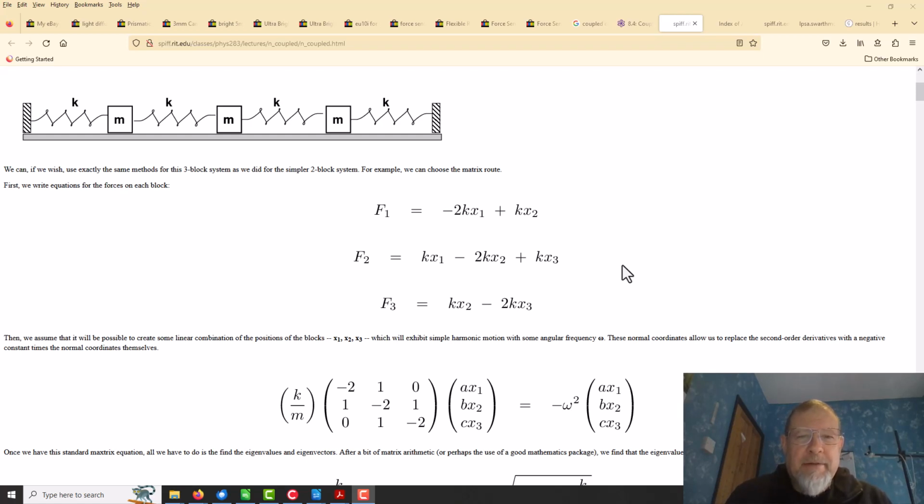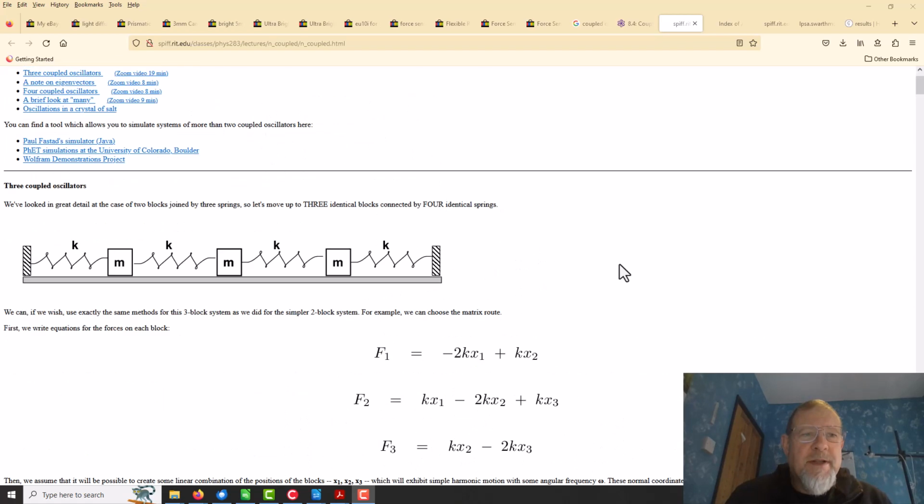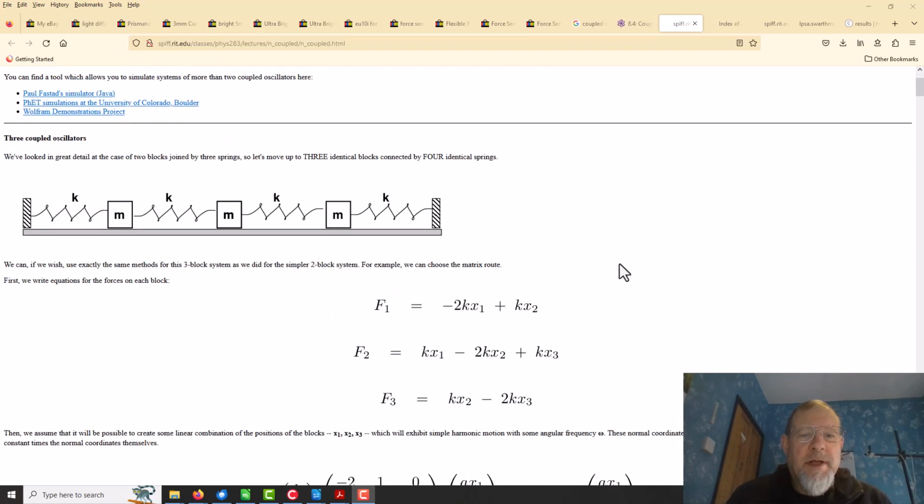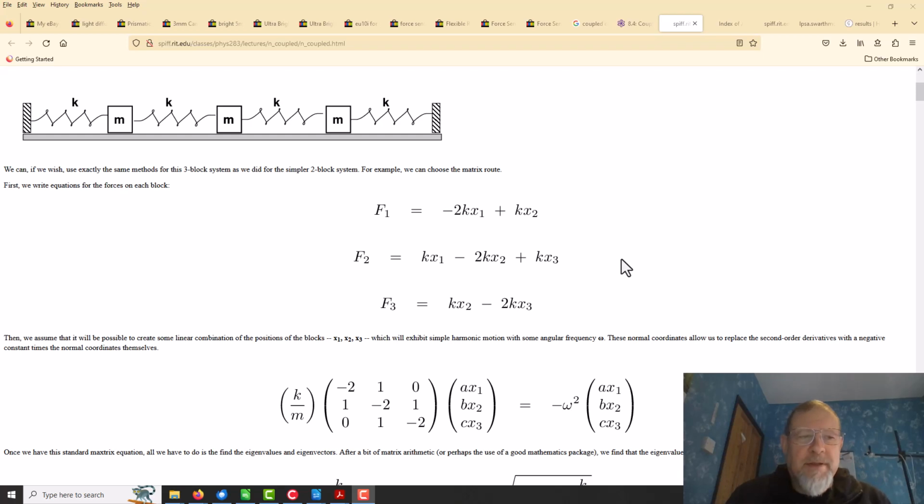So here we have 3 masses. This is a guy called Michael Richmond, whose style I kind of like, but if you Google coupled oscillators, you'll get quite a few of them, and they are all pretty much university lecturers and university texts, so don't expect easy sums.